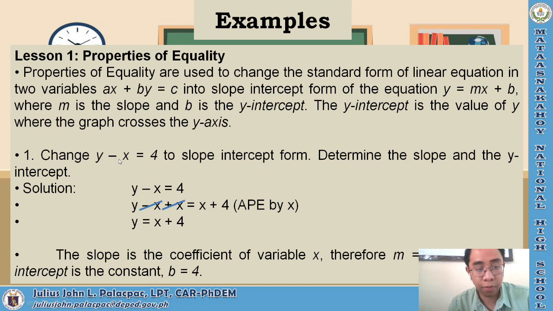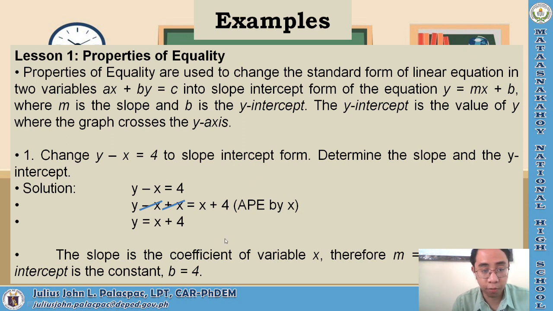So we have negative x. To eliminate negative x, we will add x to both sides, so that negative x plus x is 0. And then on the right side, it will be x plus 4.